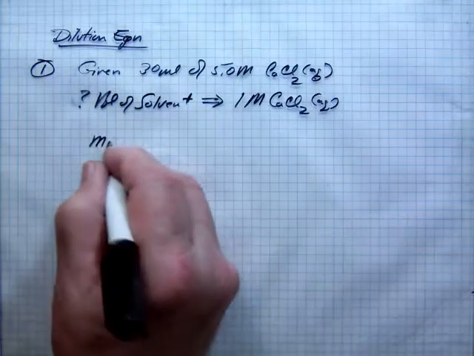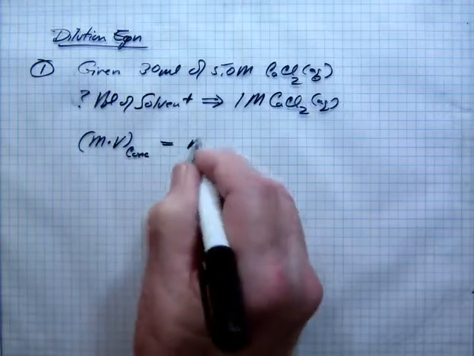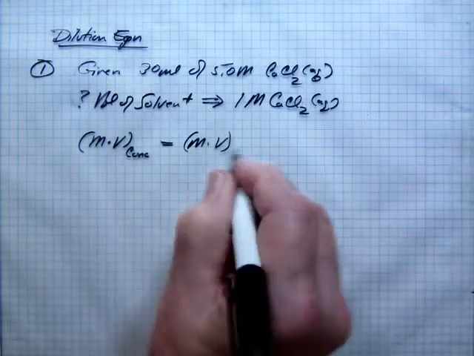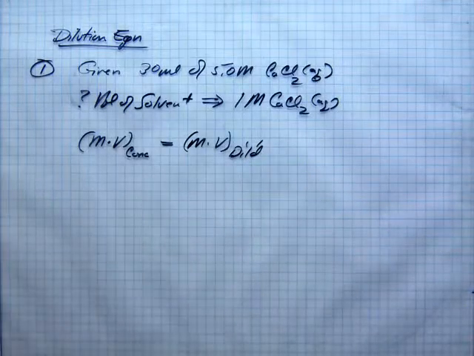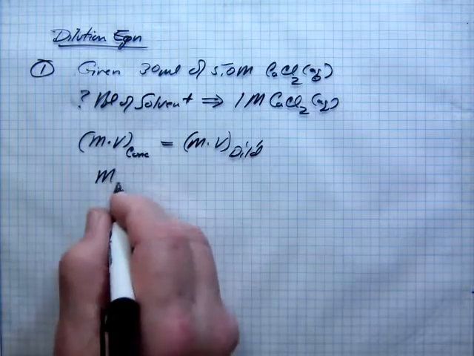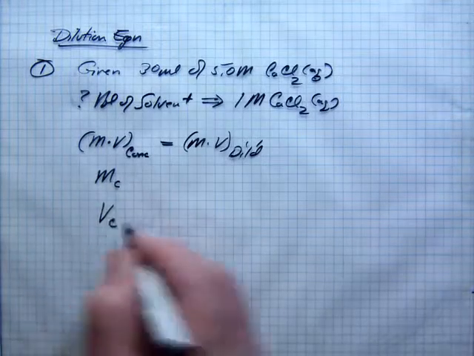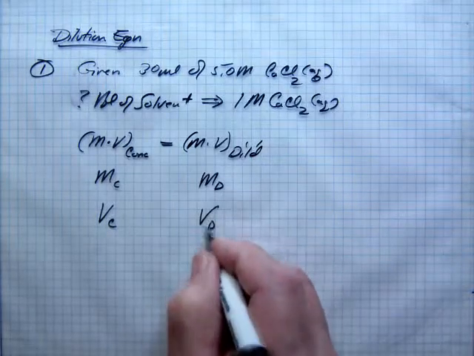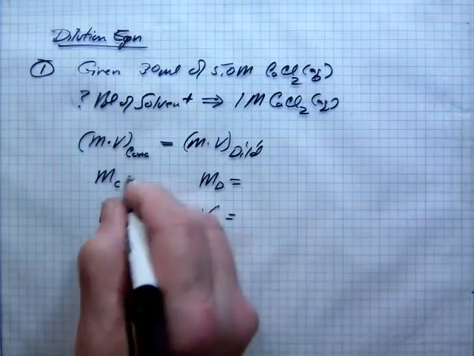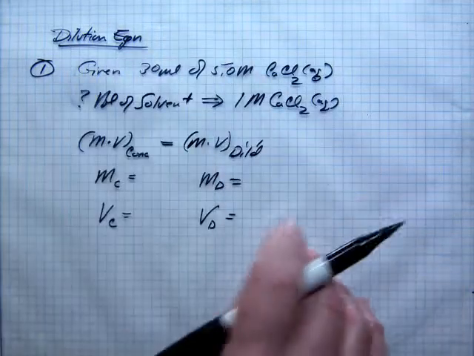So molarity times volume of the concentrate is equal to molarity times volume of the diluted sample. Now, I recommend make a data table: molarity of the concentrate, volume of the concentrate, molarity of the diluted, volume of the diluted sample. And fill that in and substitute, solve for the unknown based on your givens.